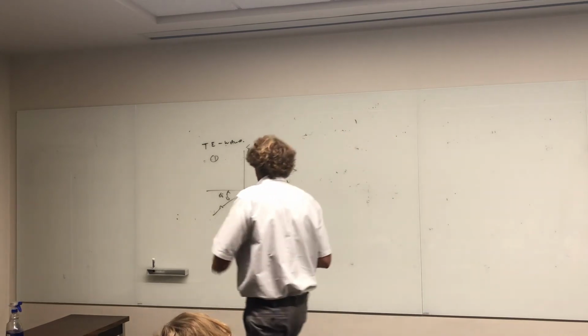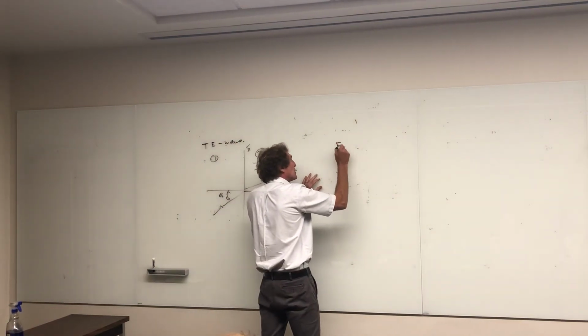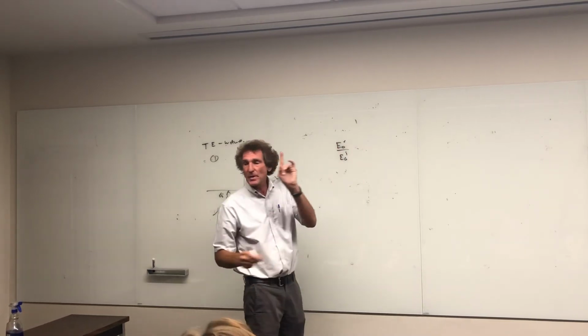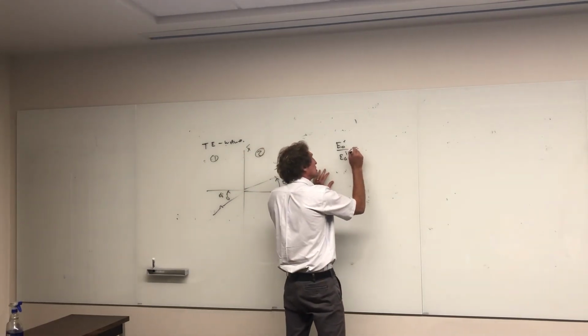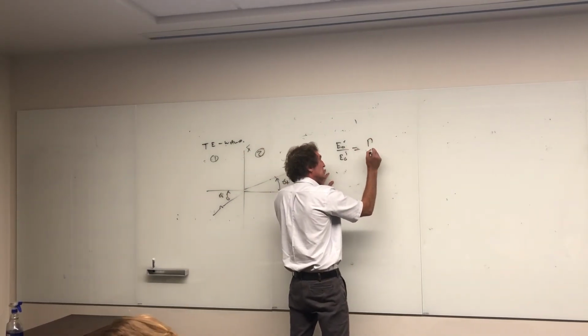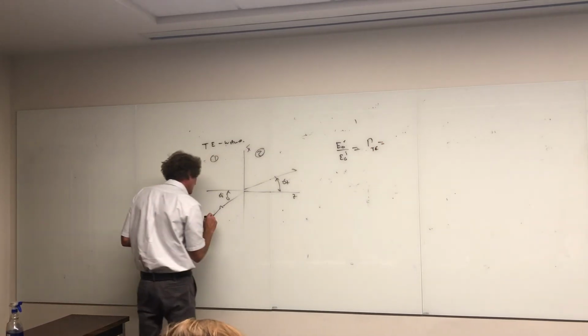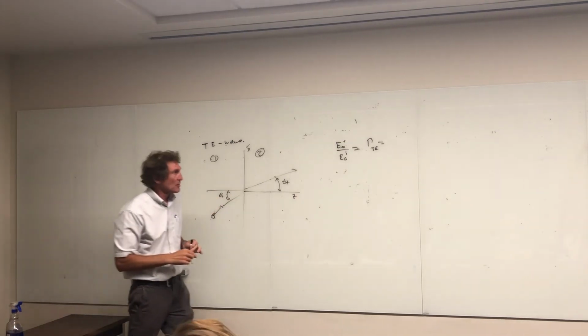Now, what happens is for the TE wave, the ratio of the reflected to the incident field, and somebody make sure I don't make a typo on this one, is equal, the symbol is just gamma TE. And the TE waveform is when the electric field is pointing out of the board, perpendicular to the plane of propagation.